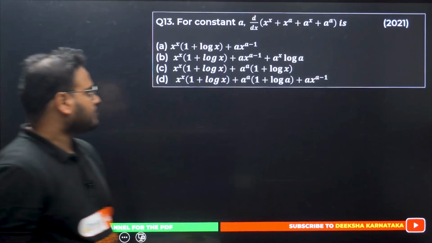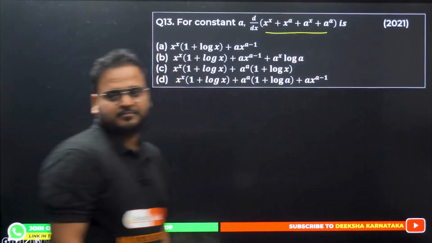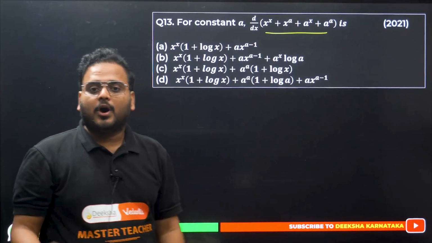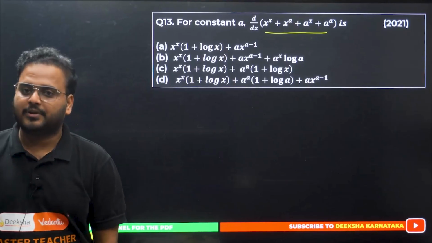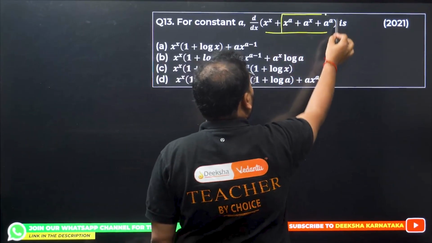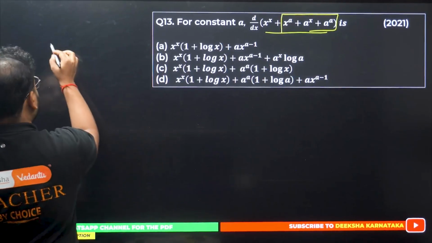13th now. For a constant, again for this question I'll give you a trick. You can solve this entire problem or check from the options. Over here these terms are no problem, but x power x is the problem.